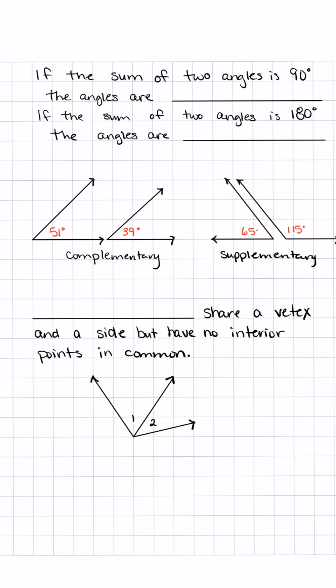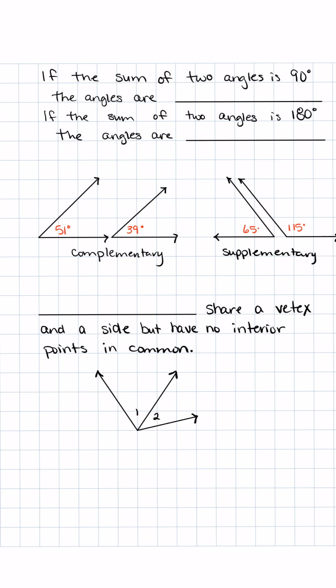Okay, so if the sum of two angles equals 90 degrees, the angles are complementary. This is a word you need to memorize. Complementary equals 90 degrees.